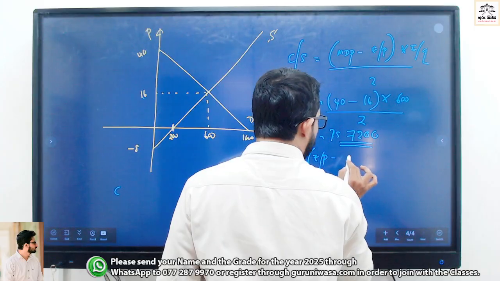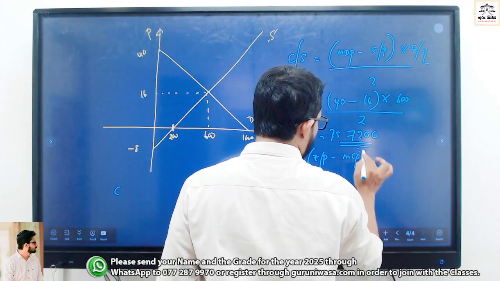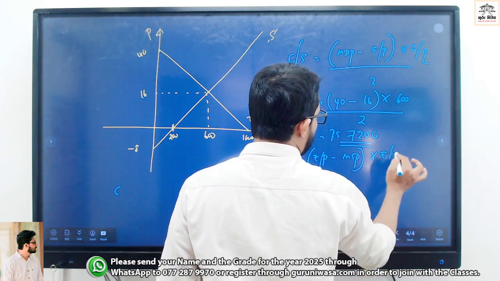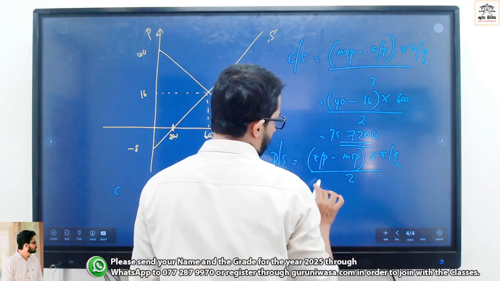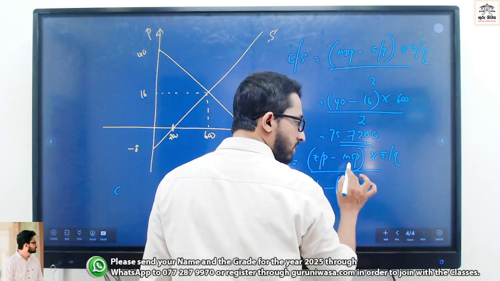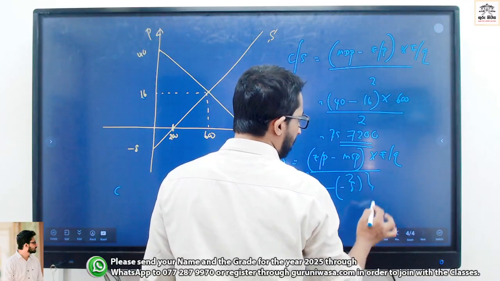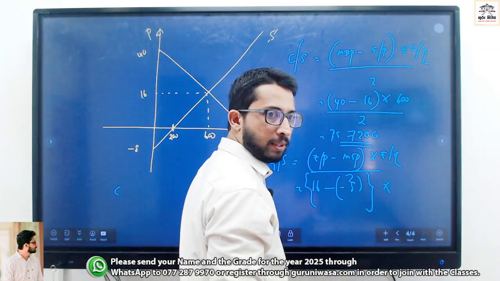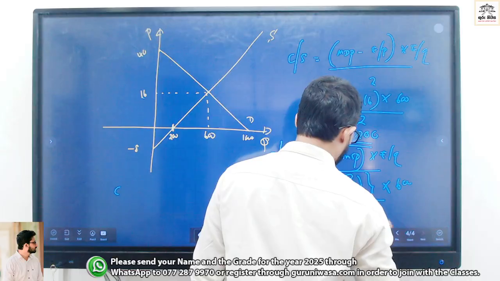Producer surplus equals equilibrium price minus minimum supply price, into equilibrium quantity, divided by 2. Equilibrium price 16 minus, be careful, minimum supply price is minus 8, into equilibrium quantity 600, divided by 2.